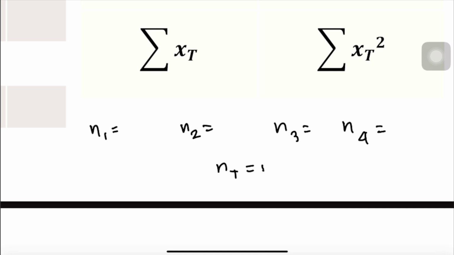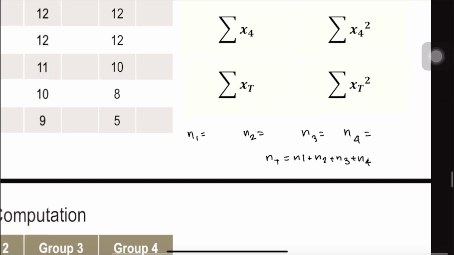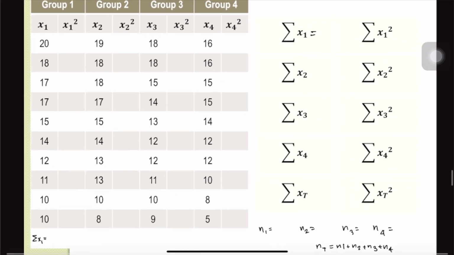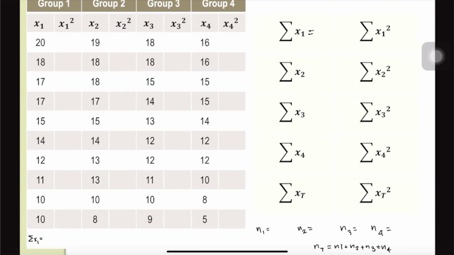So it's going to be n1 plus n2 plus n3 plus n4, and that's basically what you need for this setup. Okay, so just give me a moment. I'm just going to write down and solve for the values.